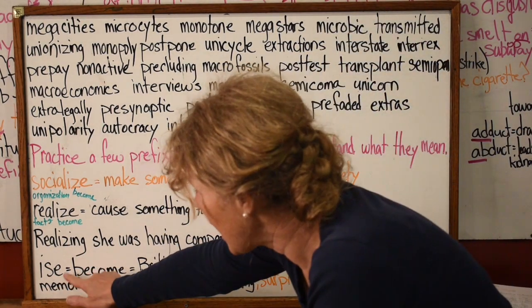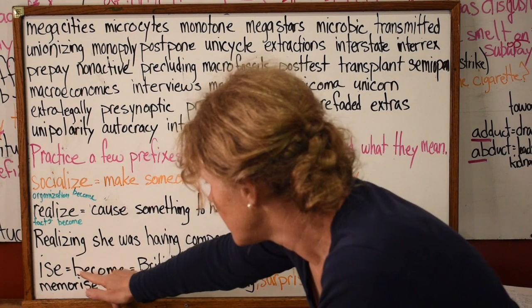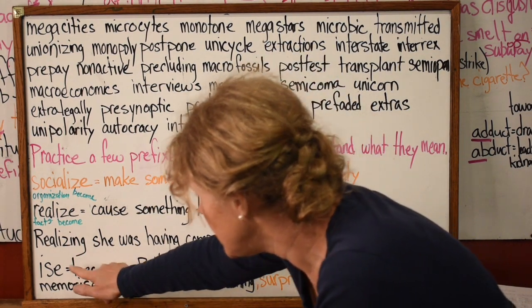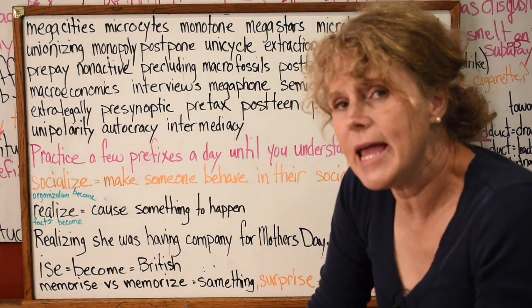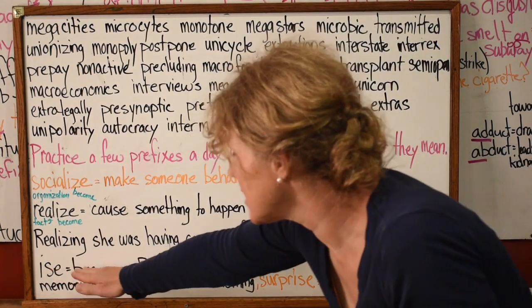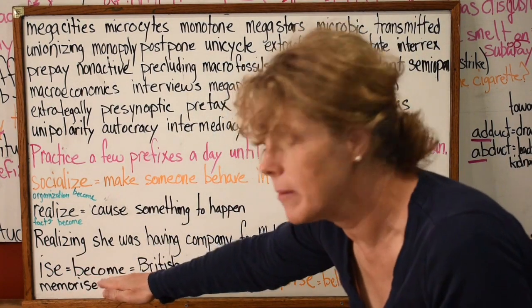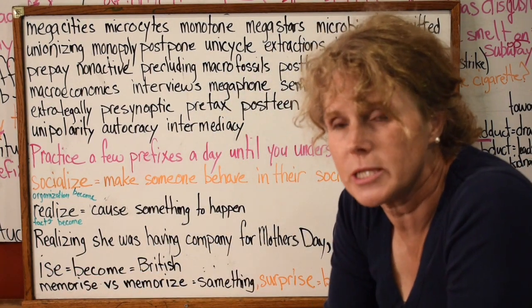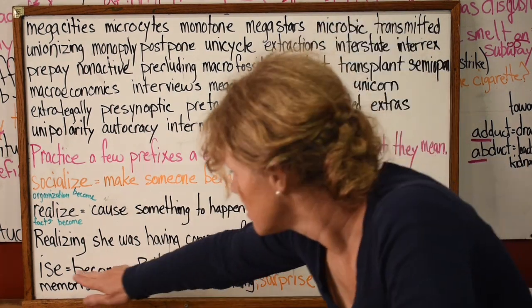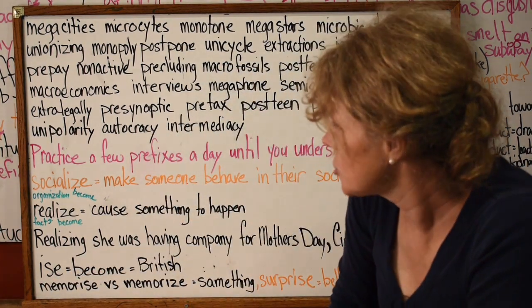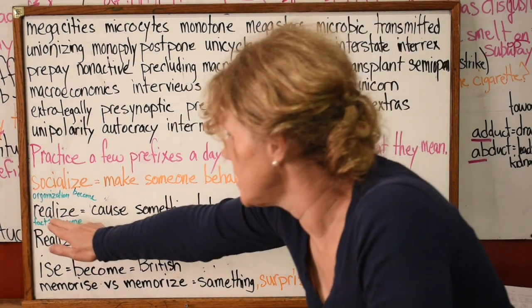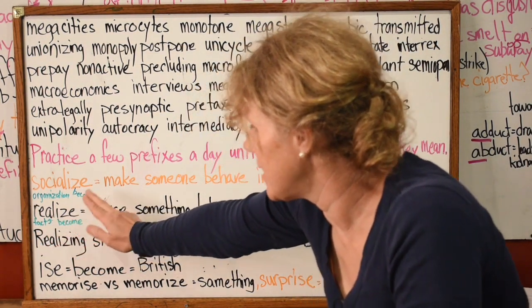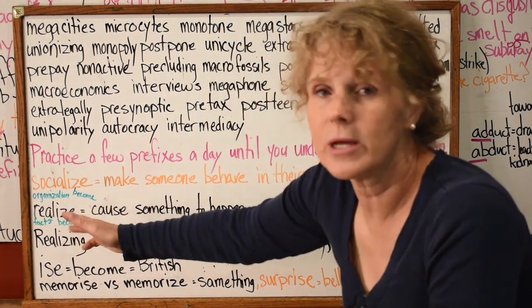So we have ise, which means become. So if you have ise as a suffix, it means become, and in America you're not really going to see that. It's British. So how they would spell realizing is realising, or realize.